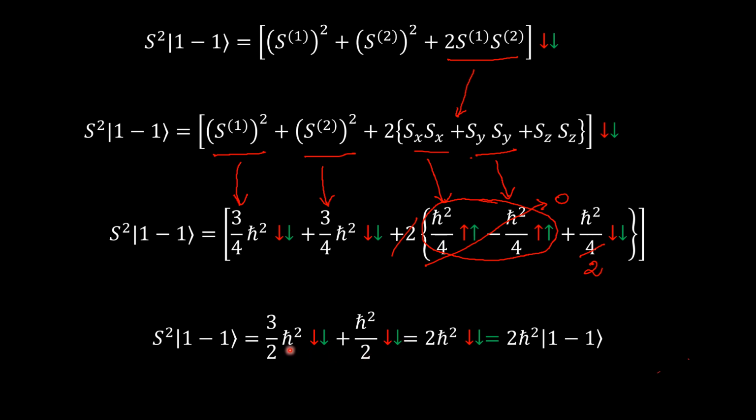So if you add both, you will get 2ħ squared spin down down, which is equal to 2ħ squared |1,-1>, because both are spin downwards, so naturally this is minus 1. So |1,-1> is also an eigenstate of S squared.